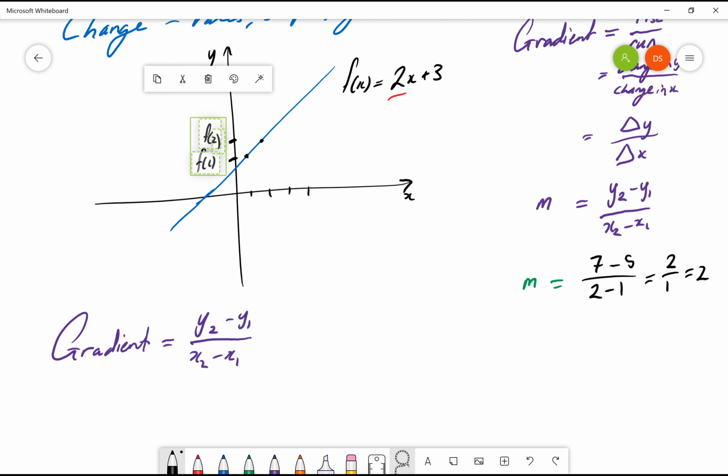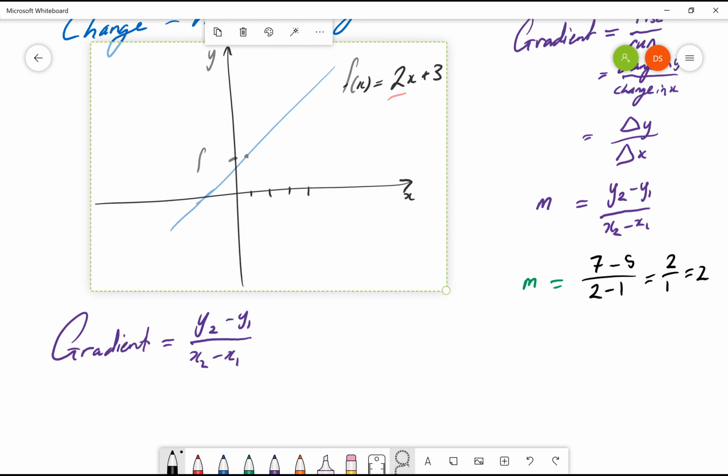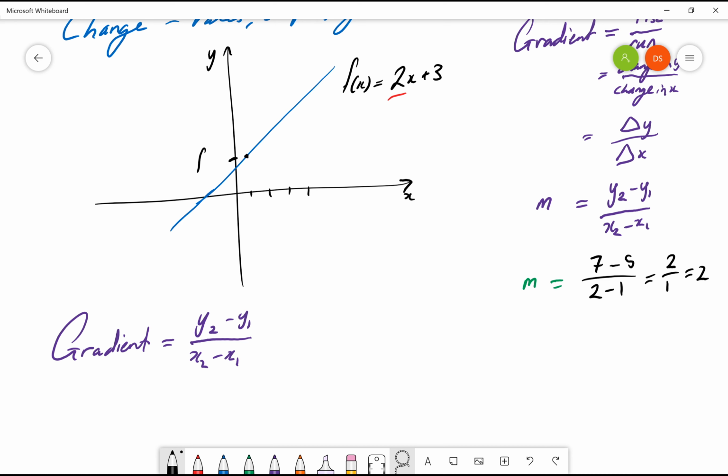So what if I just had some generic points instead of these very specific ones? Suppose I had f of x, and we'll call this point x. And then let's add a bit of a distance.